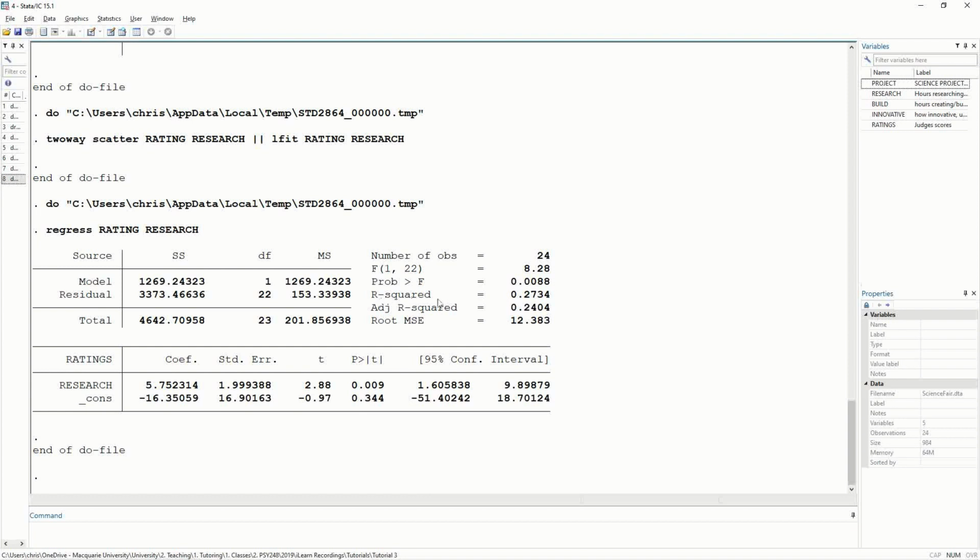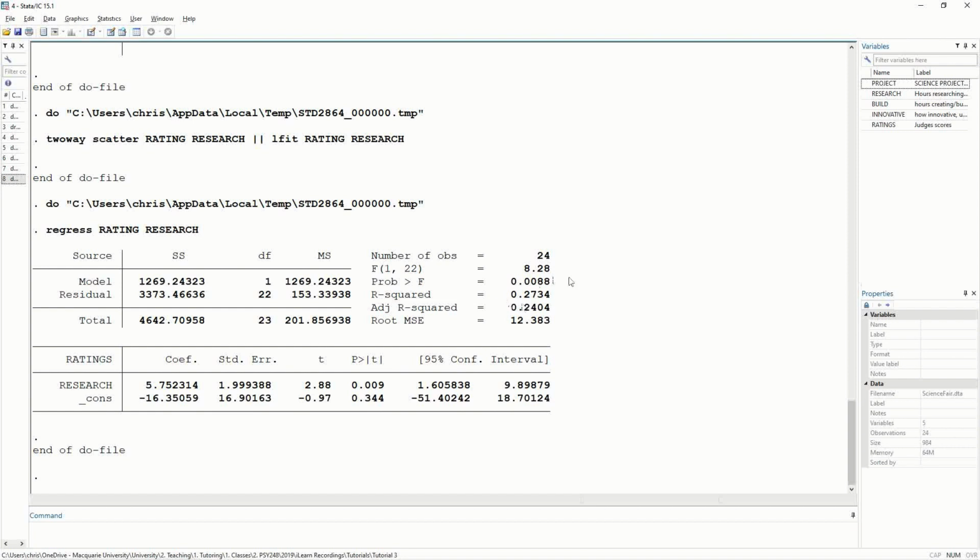Then I can see R squared underneath. R squared represents how much variation in the judges' ratings can be predicted by research, or can be predicted by the IVs in the model. In this case, we have just the one. Another way of thinking about this is how many of the reasons as to why a person got the rating they did on their research project can be explained by how much time they spent researching for the project.